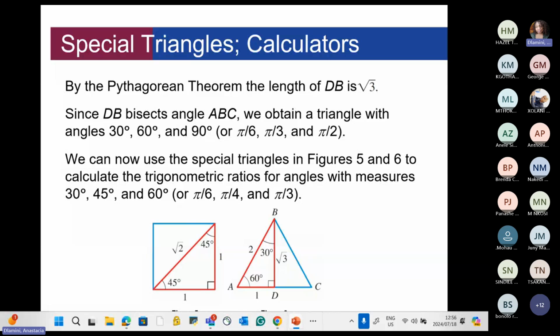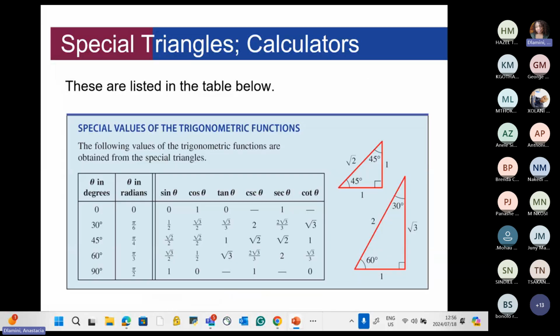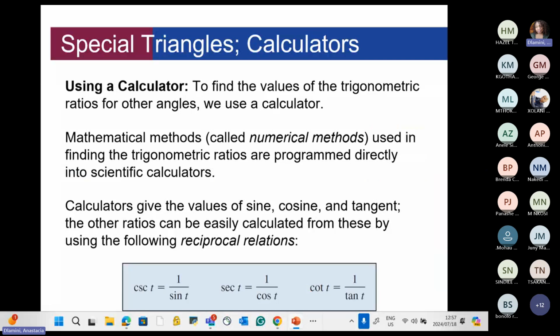So then you can go and play around with this table and see if you can use these triangles here, but in radians, to solve this table, as we did in the previous session. So that's why I say this session is easier.